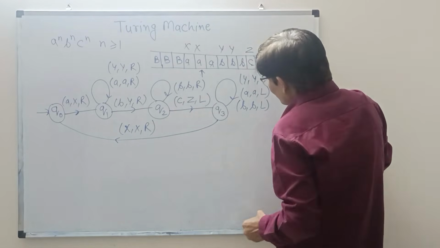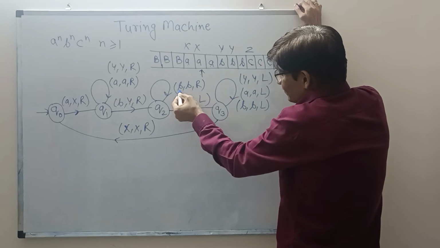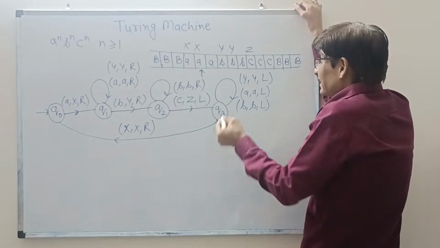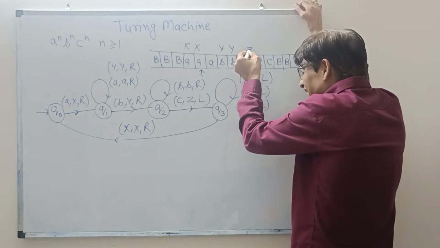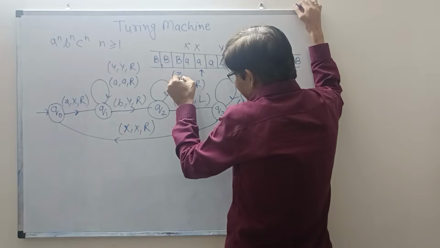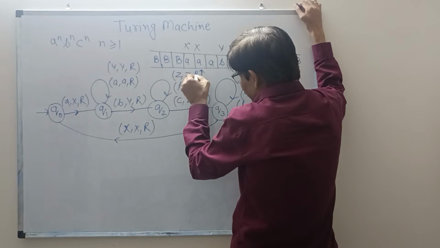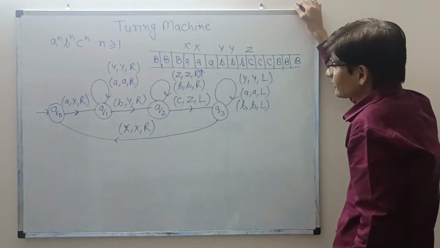Now on Q2, you may get another B. So this B will be left as it is. Then you may get Z on Q2, so I will add one more transition here. You will leave this Z as it is and continue moving towards right.